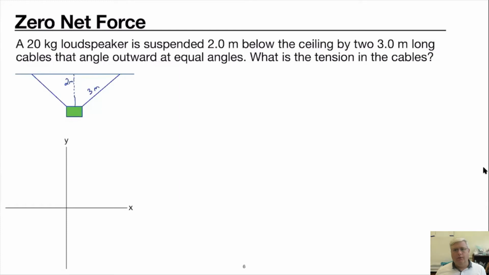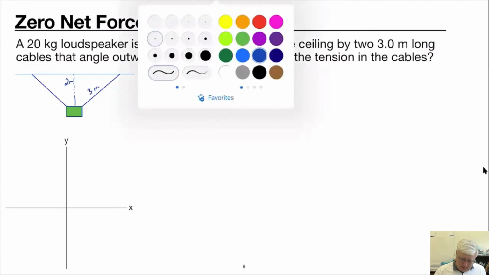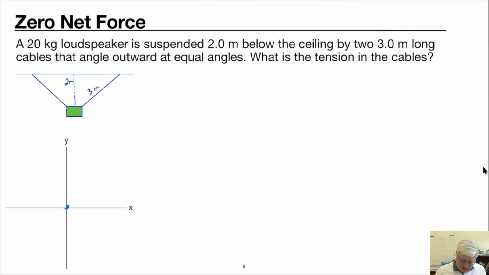And so the next step is to go ahead and turn this into a free body diagram. So again, with the free body diagram, I'll go and represent the box as just a point, okay? And what are the forces going on here?